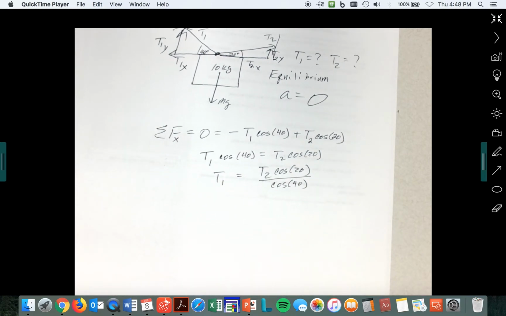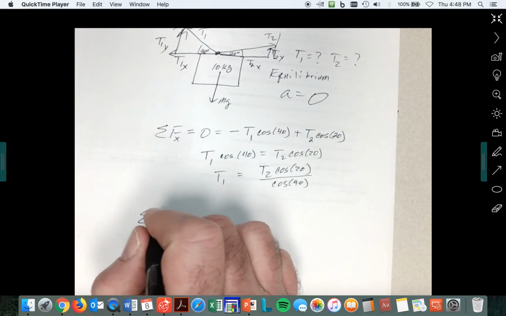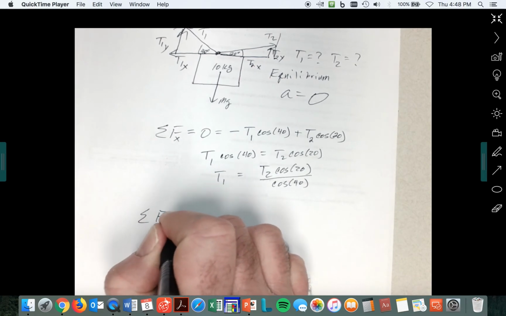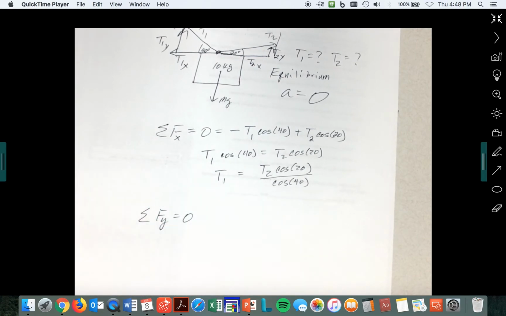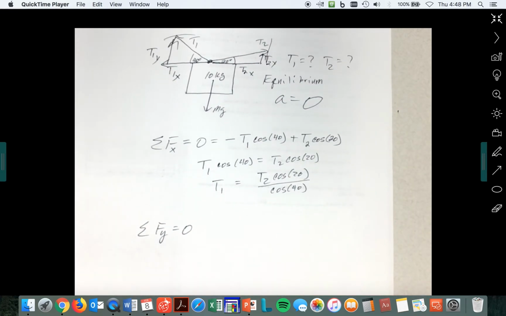But I've got T1 in terms of T2, and I've got a whole other set of things to look at. So the sum of the forces in the y direction are also equal to zero because it's in equilibrium. ax and ay are both zero because it's just hanging there.